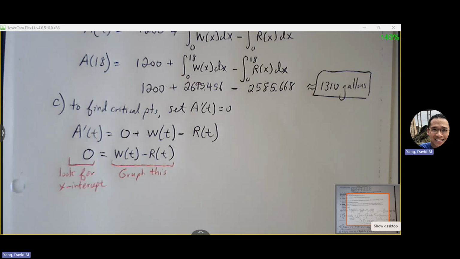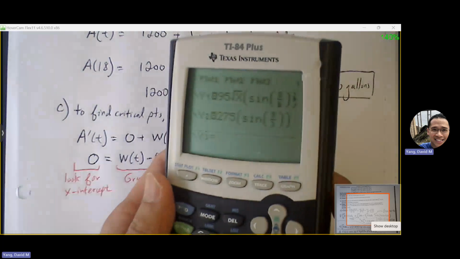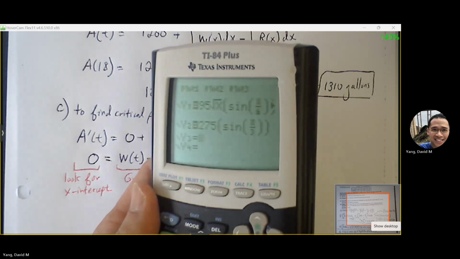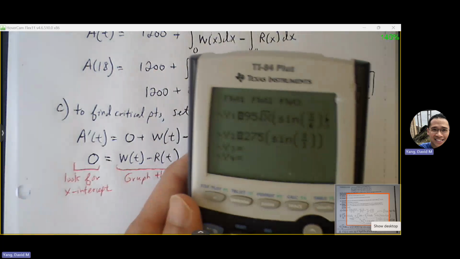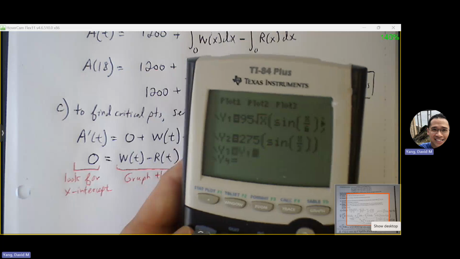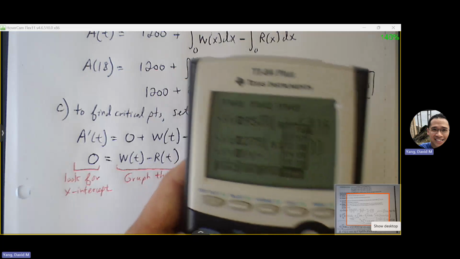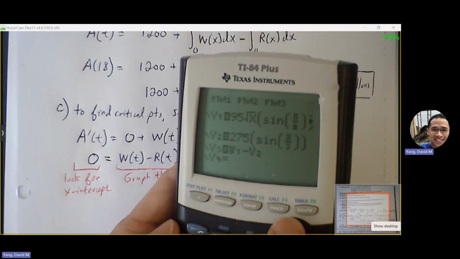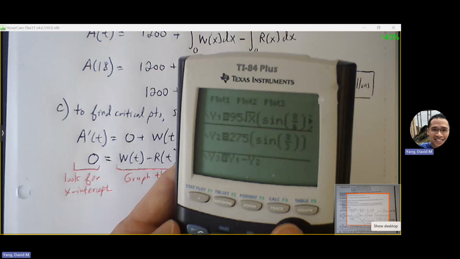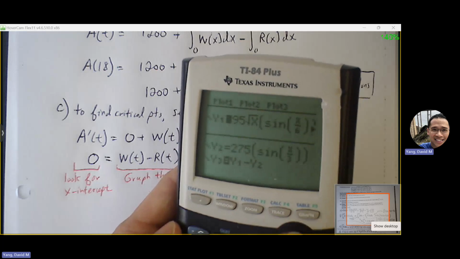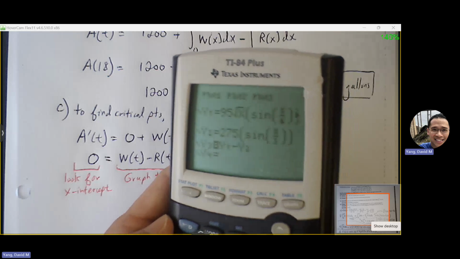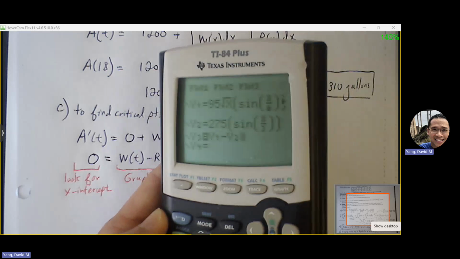So to graph it, I'm going to go to y3 and then just say y1 minus y2, because that's basically my w of t minus r of t. I don't want to have to see all my graphs, so I'm going to go to the equal sign under y2 and y1, hit enter, so I can unhighlight those, so that the only thing I'm seeing is y1 minus y2.